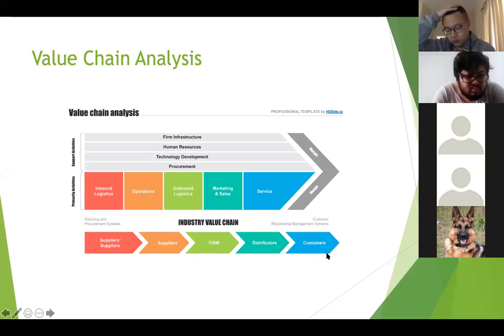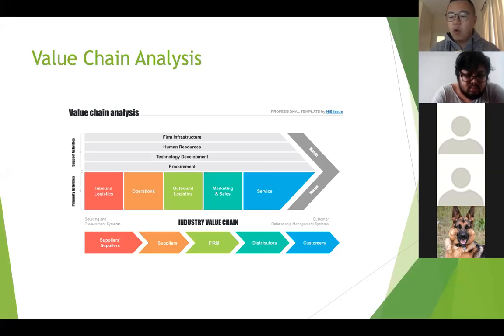When you are in business and need to do analysis, these are two different things. The industry value chain runs from the upstream to the downstream, the distributors or customers.